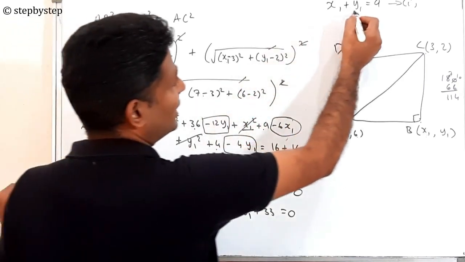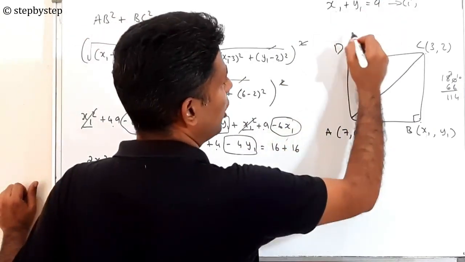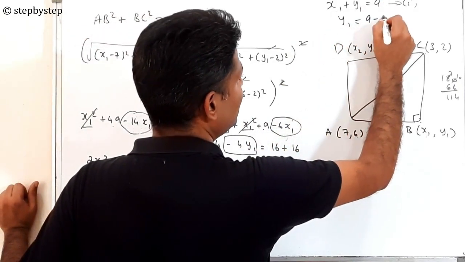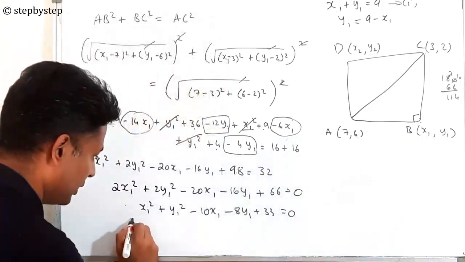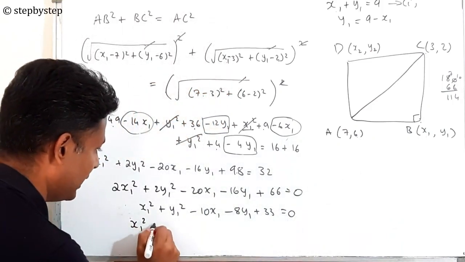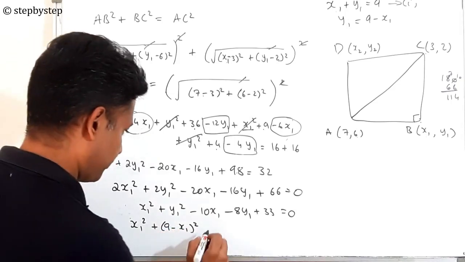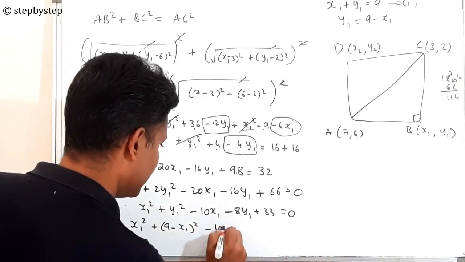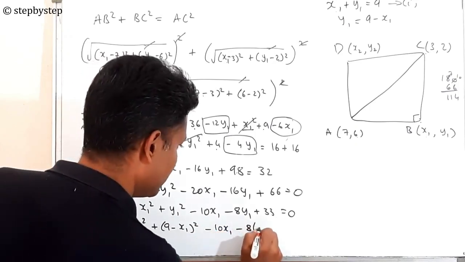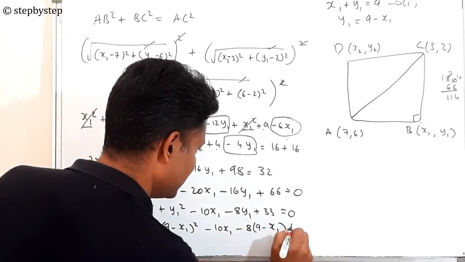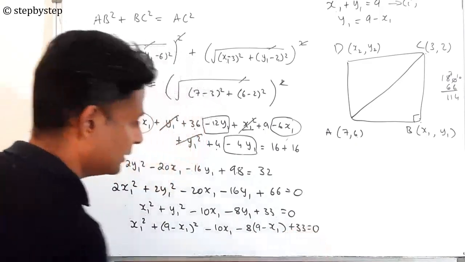Now from this equation we have x1 plus y1 equal to 9. So how much is y1? 9 minus x1, right? I'll substitute that now. So I have x1 square plus 9 minus x1 whole square minus 10x1 minus 8 times 9 minus x1 plus 33 equal to 0.